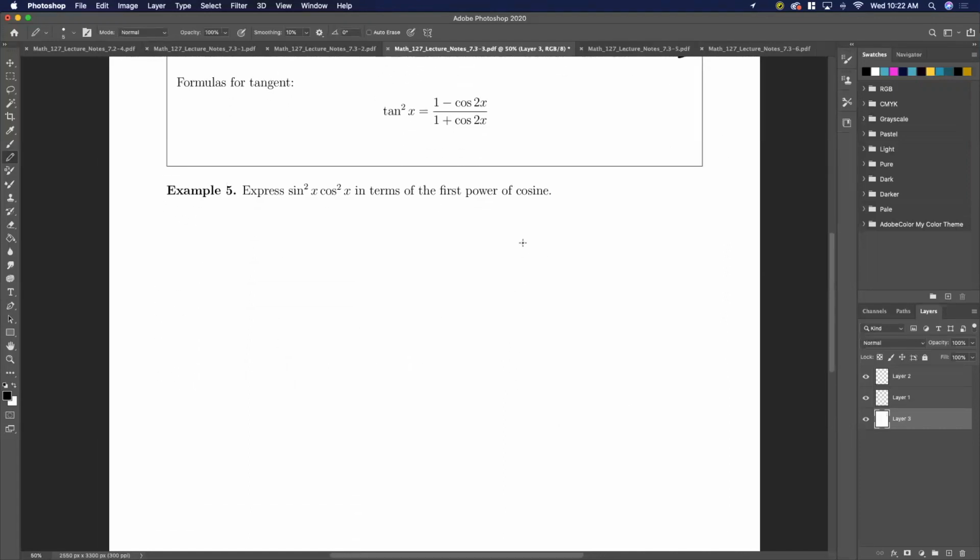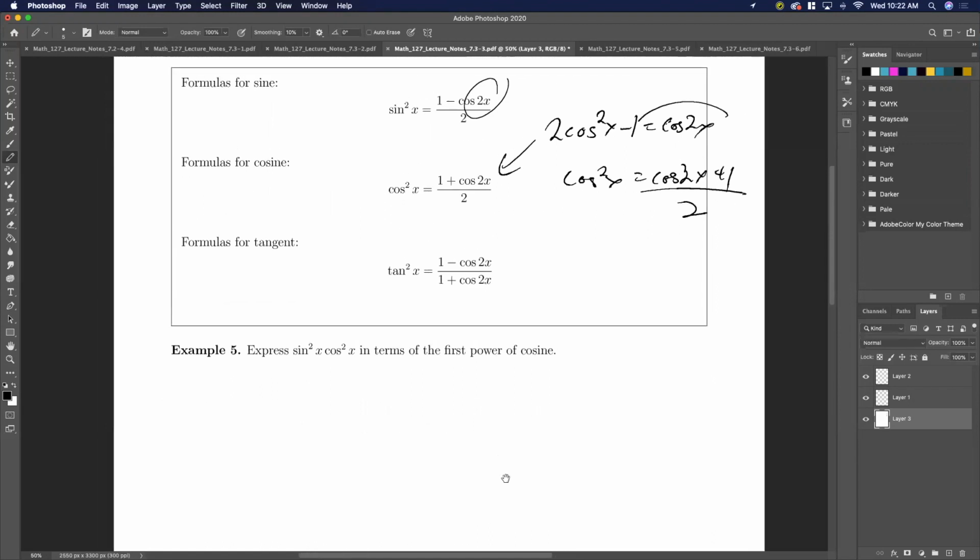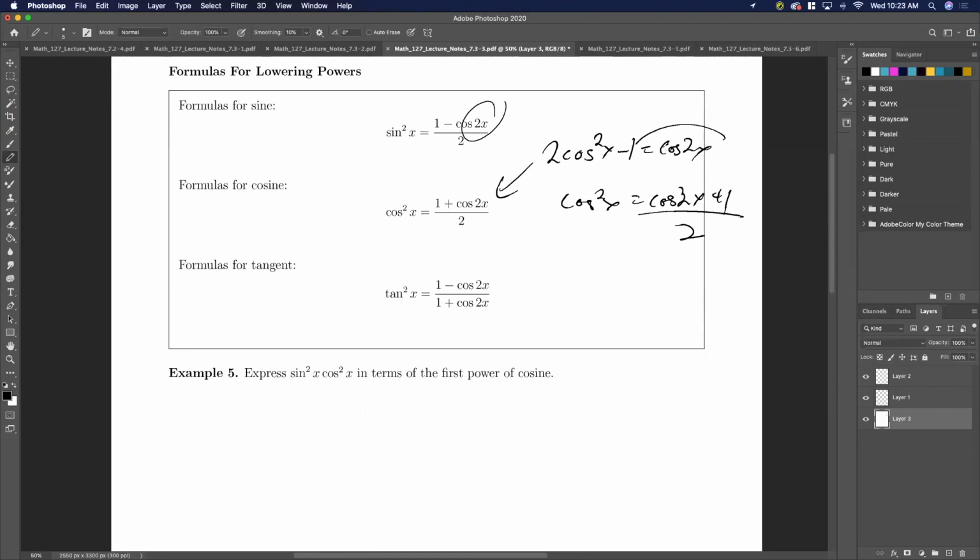So let's pretend we have this expression here and we want to write it all as just the first power of sine, first power of cosine. All right, so how are we going to do that? Well, first we're going to plug in both the formulas. So here I'll have 1 minus cosine of 2x over 2 for the sine, and then for the cosine I'll have 1 plus cosine of 2x over 2.